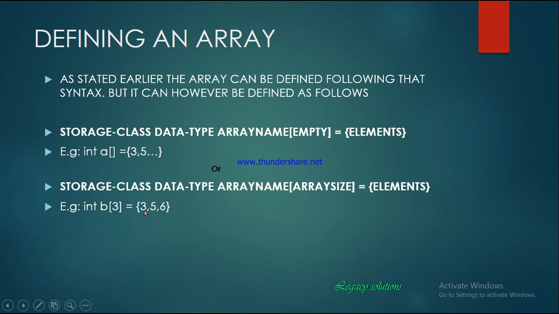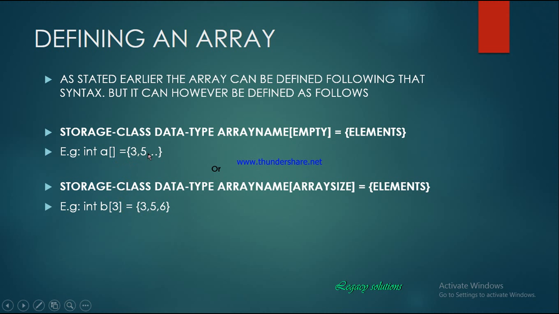It can only contain this 3, 5, and 6. If you put more than that, it will cut off those other ones because they are not needed. And then you have this here as your empty brackets, which means this will be element 0, this will be element 5, and so on. That's how it is. But then if you notice, this one has a limited number of array elements that you can specify, while this does not have.